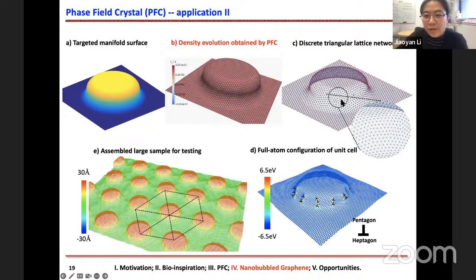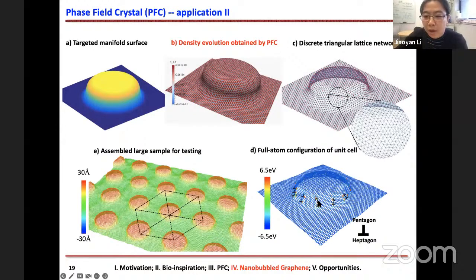For this particular area, I'm not sure if you can see my cursor, but we sometimes see this kind of pentagon shape, and sometimes this kind of hexagon. But we also notice that near the pentagon, there must be a heptagon to compensate the topological geometry, the topological feature of the mesh.